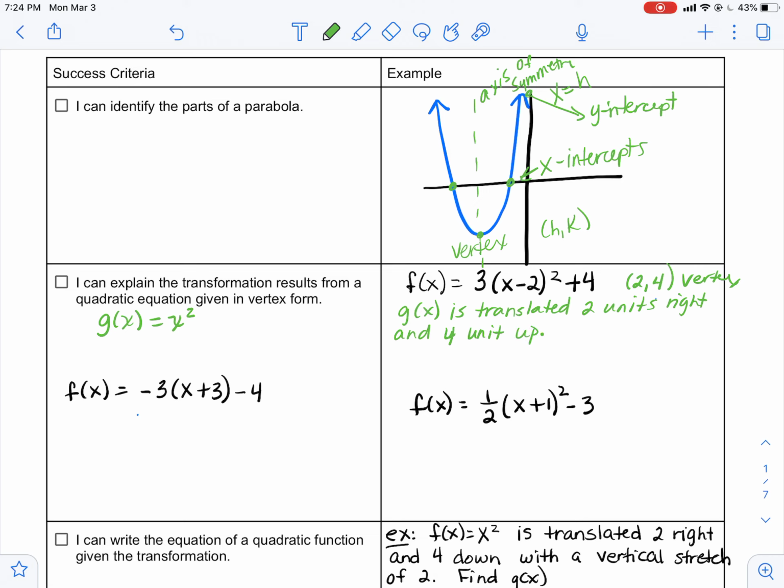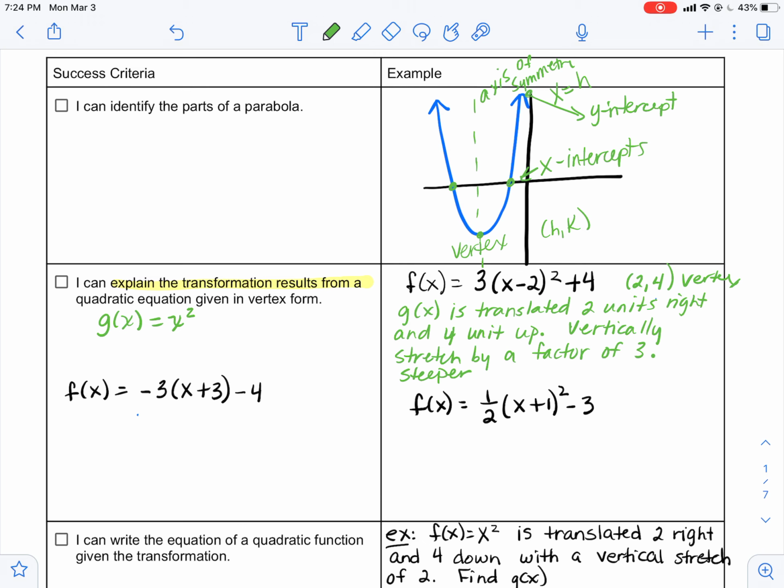And then we would use the 3 to say that it is vertically stretched by a factor of 3. So in other words, it's going to get steeper. So that's what I mean when I tell you to explain the transformation that results.